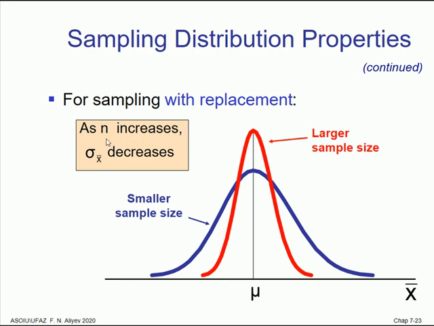As we told before, as n increases, the standard deviation of sample means decreases, and the form of the graph changes when n increases, which represents the sample size.